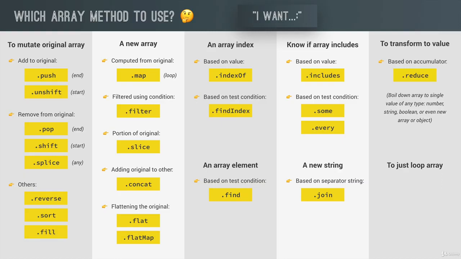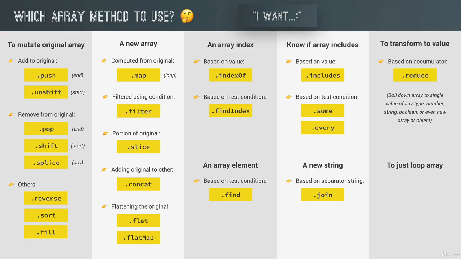So in the reduce method, we use an accumulator, which is like a snowball, to boil down an entire array to just one single value. And that value can be of any type. So it can be a number, a string, Boolean, or even an array or an object. All right. And so in fact, we could replace some of these methods that we have here with a reduce.